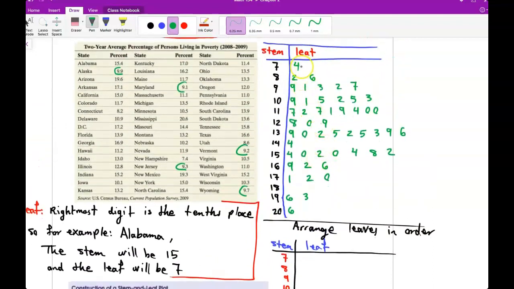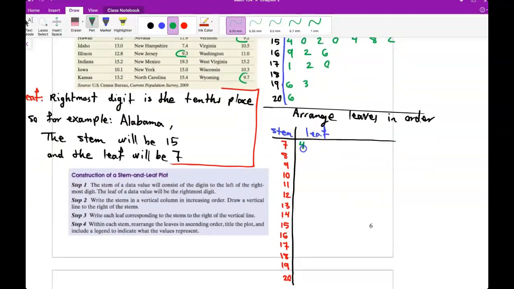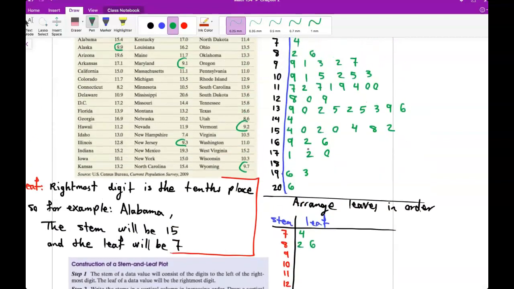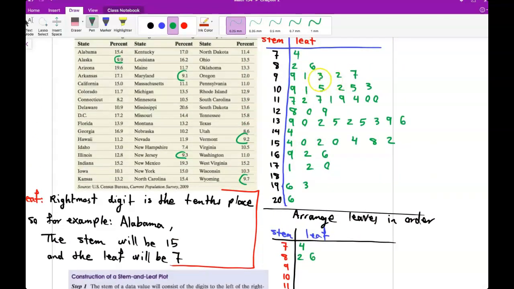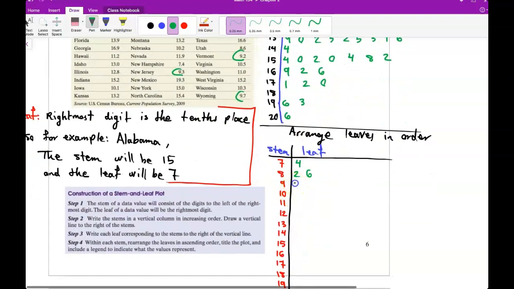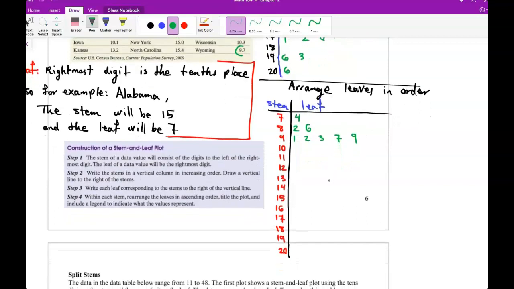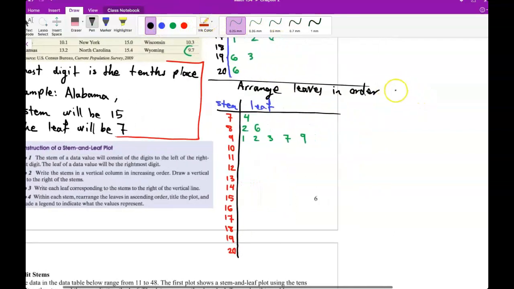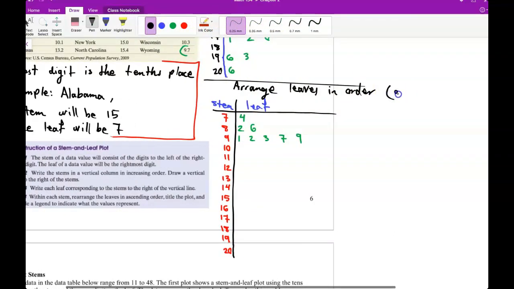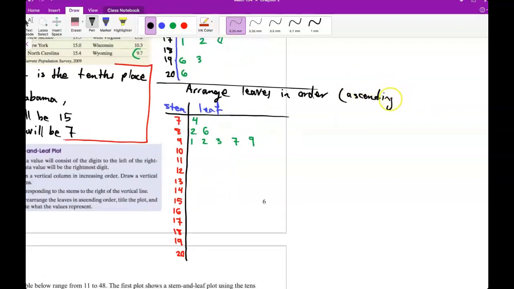Okay, and this part, so we have 4, 2, 6, and we have 1, 2, 3, 7, 9. So these are in ascending order.